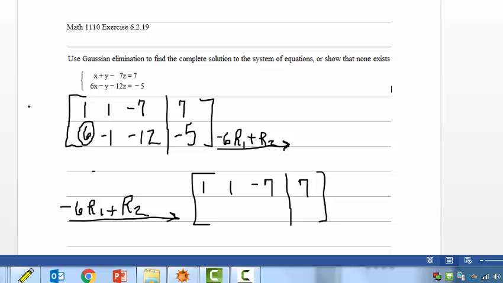So -6 times 1 plus 6 is 0. -6 times 1 plus -1 is -7. -6 times -7 is 42, plus -12 is 30. -6 times 7 is -42, minus 5 is -47.